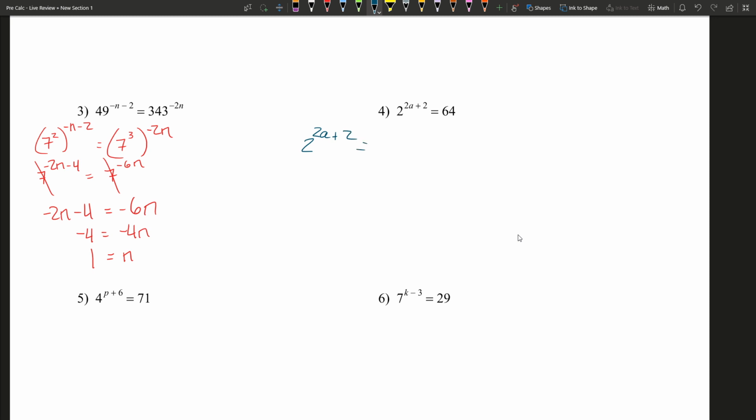And then we need to rewrite 64 as a base of 2. So 2 times 2 is 4, times 2 is 8, times 2 is 16, times 2 is 32, times 2 is 64. So that's 2 times itself 6 times.